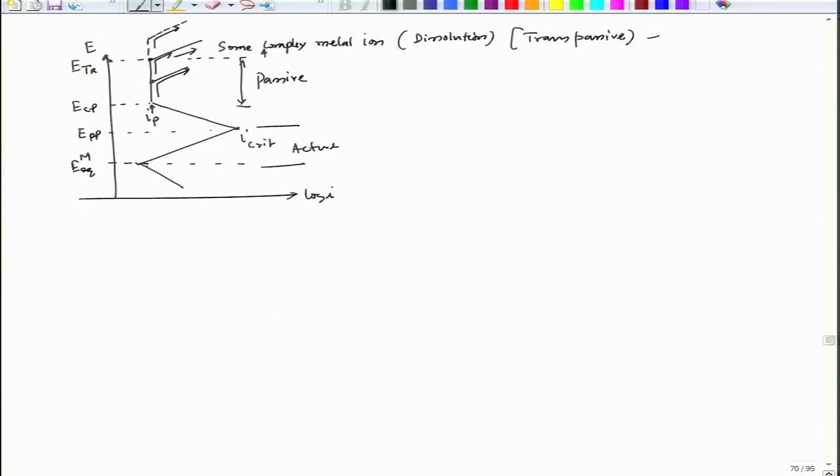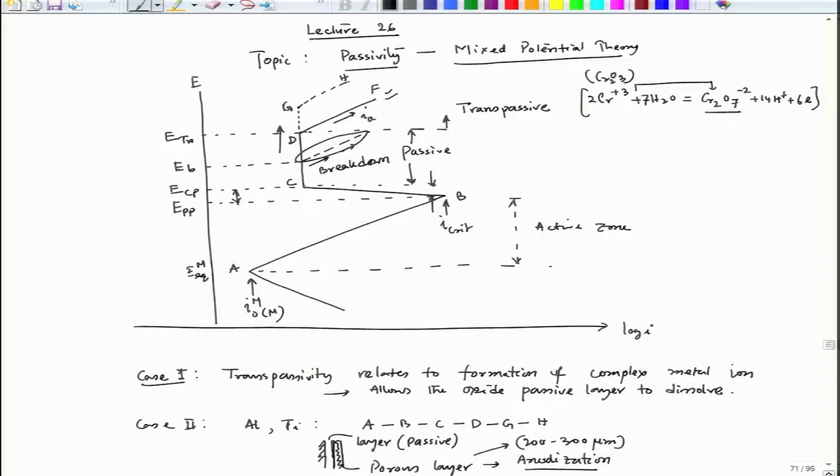Now, in order to understand the importance of this particular point and this particular point and the relative position, we have to introduce mixed potential theory.